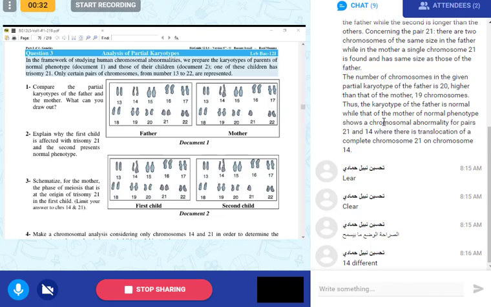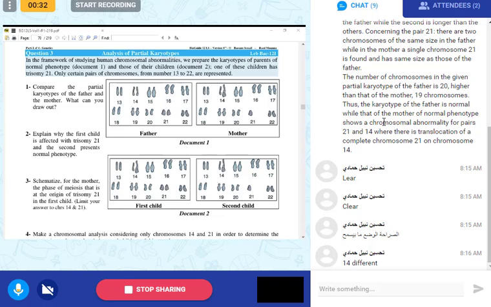You see? While for the second child, he took the normal one from the father, the short one from the mother, and a 21 from the mother. Sorry, he took the long one from the mother but without a 21.